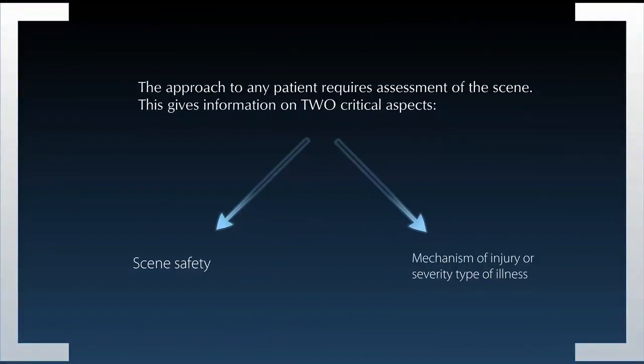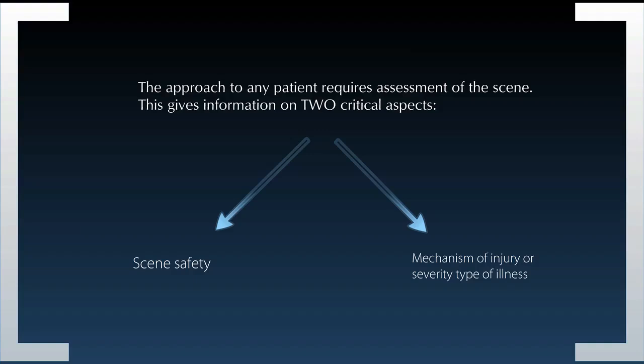As with any of the approaches we've talked about before in the series, the approach to the patient requires careful planning and thought. And the two things to think about when talking about the dangerous environment are your safety and the safety within the scene where you're going to be working, and also using the assessment of the scene and the environment to help you in treating the casualty and in assessing the damage or the illness that they may have.